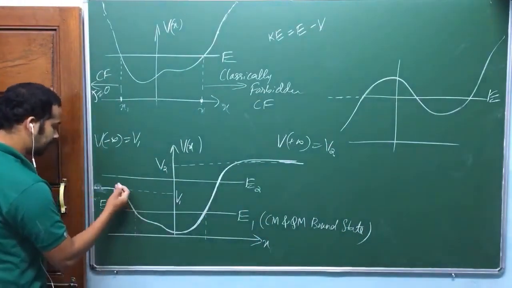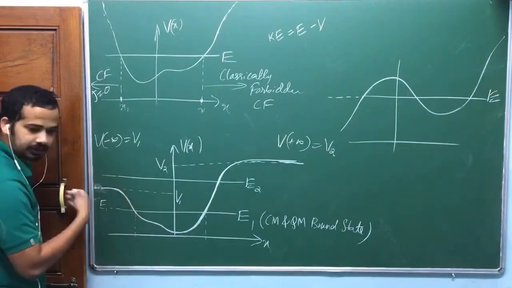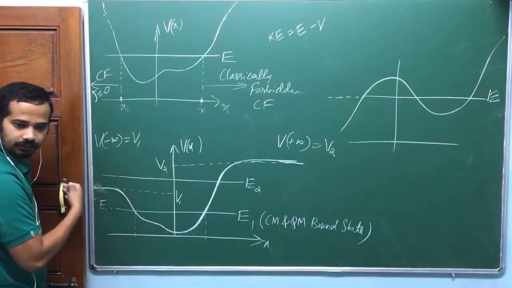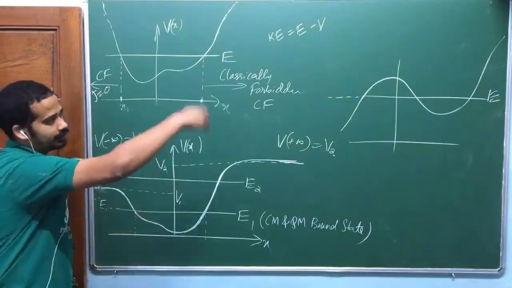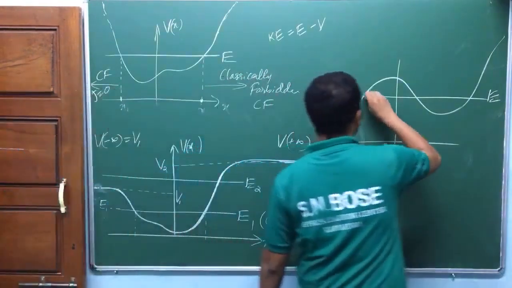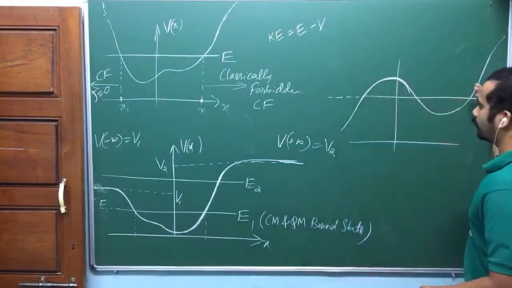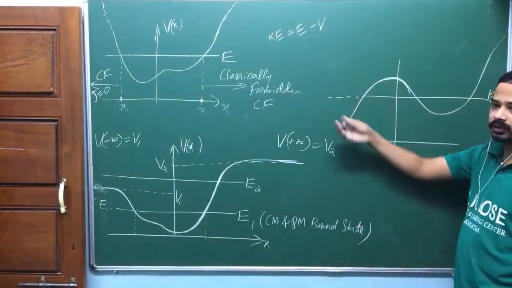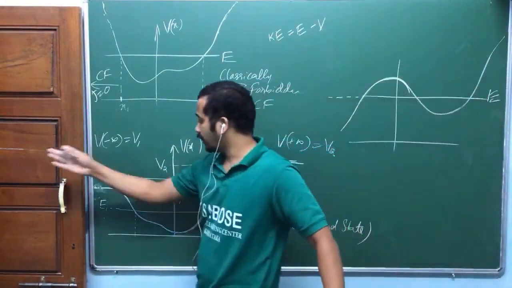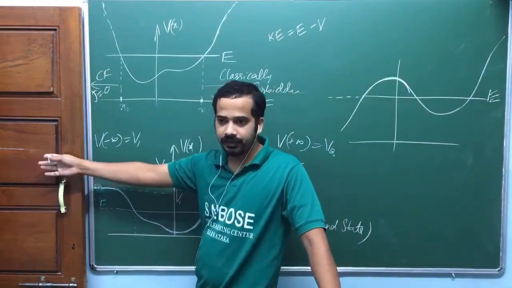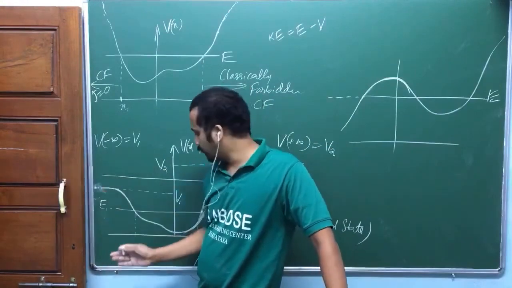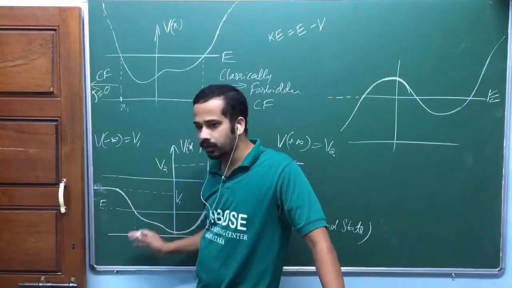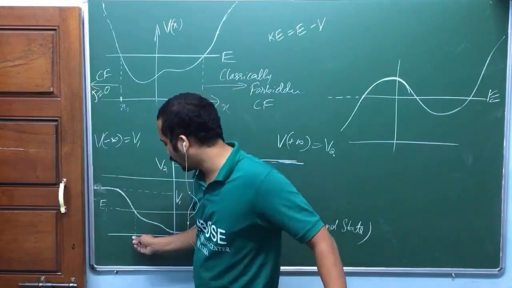Remember, this potential is not decreasing after this point; it is a constant value. Are you getting the point? It was decreasing here, so this region acted like a barrier, and the particle can tunnel and go to the other region. Here there is no classically allowed region at all in minus infinity. In this negative region, there is no classically allowed region at all after this point.